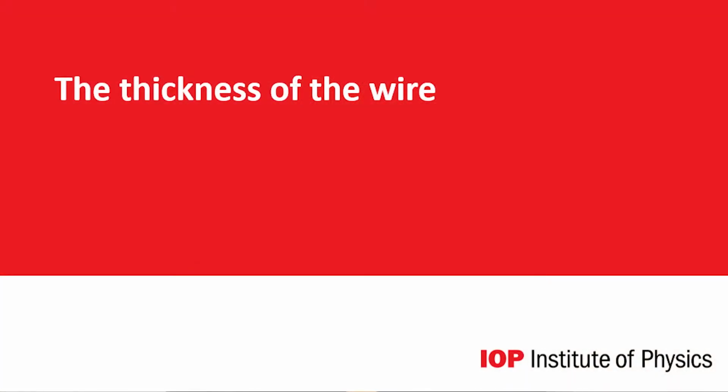The second factor is the thickness of a wire. The thicker a wire is, the easier it is for the current to flow. You can relate this to a student's experience by using straws. If they've got a nice big thick straw, it's a lot easier to blow down this thick straw than it is to blow down this thinner straw.